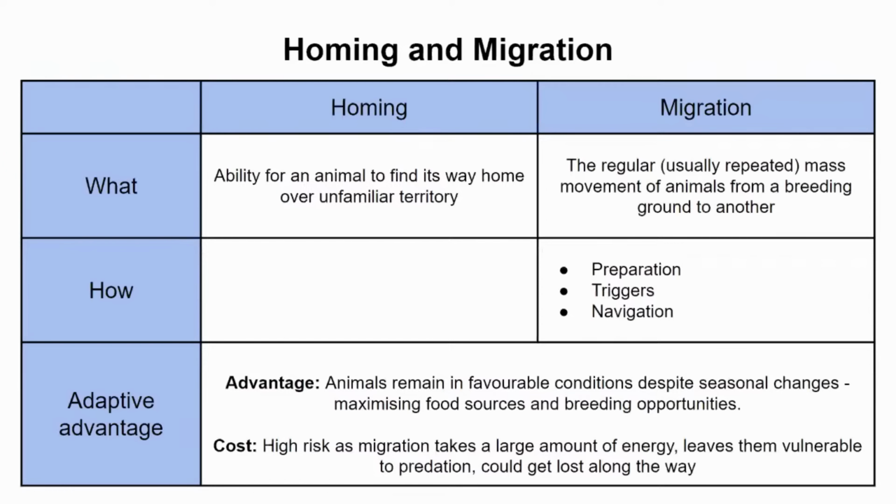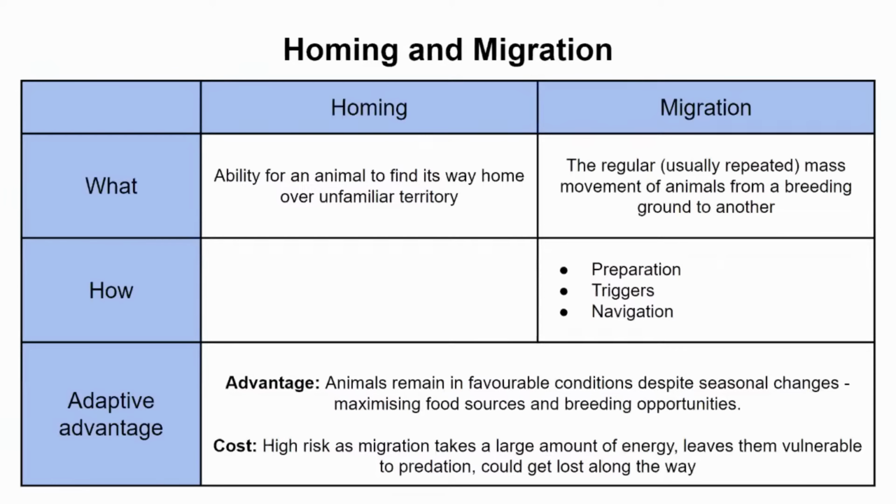And triggers. So what is actually happening to trigger the migration movement? So when does the animal know when to go? Because you don't want to be the only bird that migrates and arrives at the breeding ground and no one else is there. So they need to synchronize themselves.